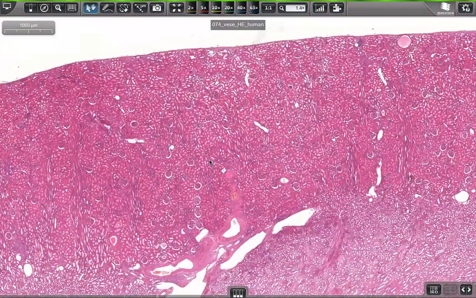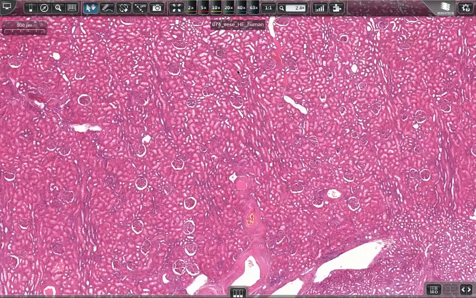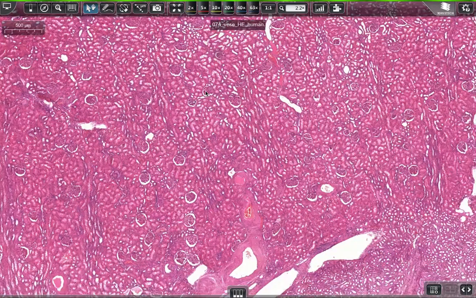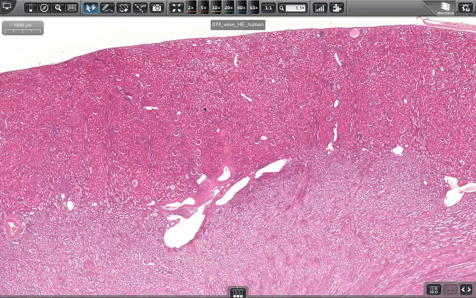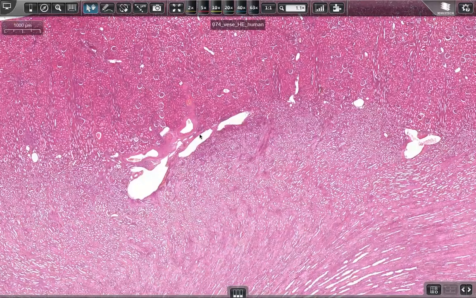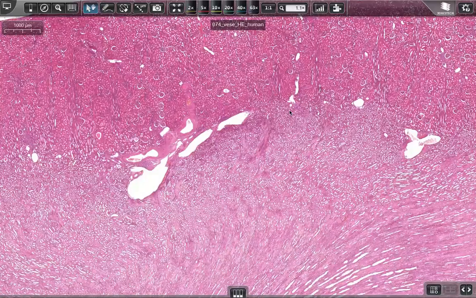So let's see the cortical areas first. Look at that. On that magnification, you can see these cord-like structures. These are the medullary rays. And here we can see among them the glomeruli. So these are the glomeruli. And by the way, when we are looking at the vessels here, it's beautifully seen. Here we have these lumens at the base of the pyramids.